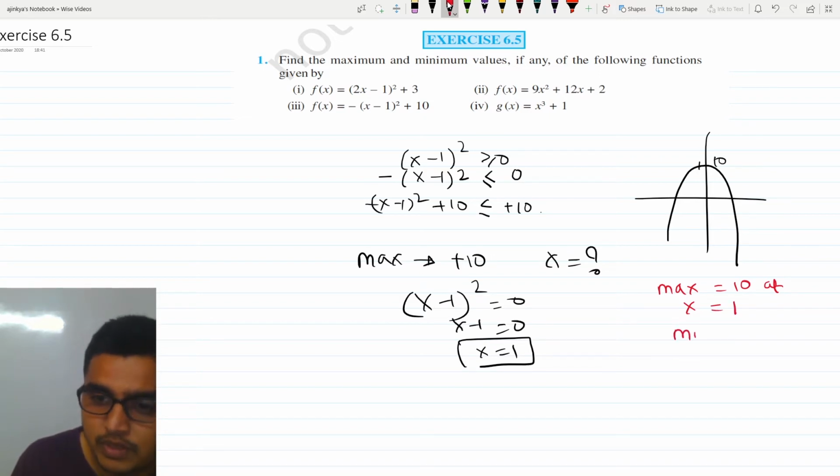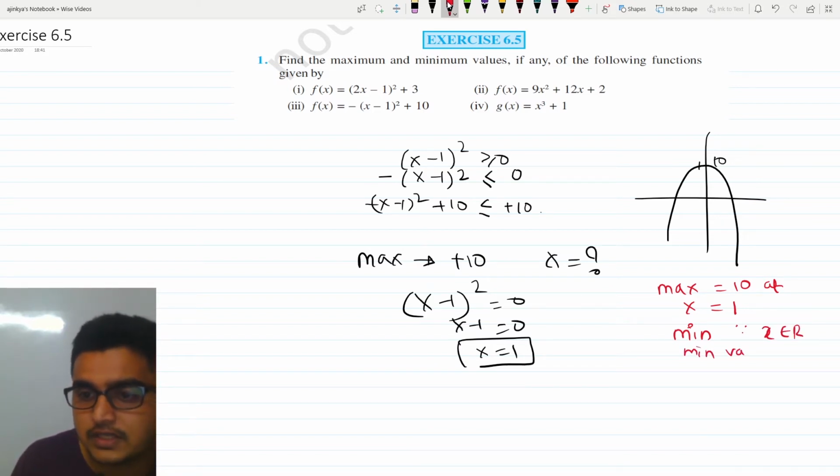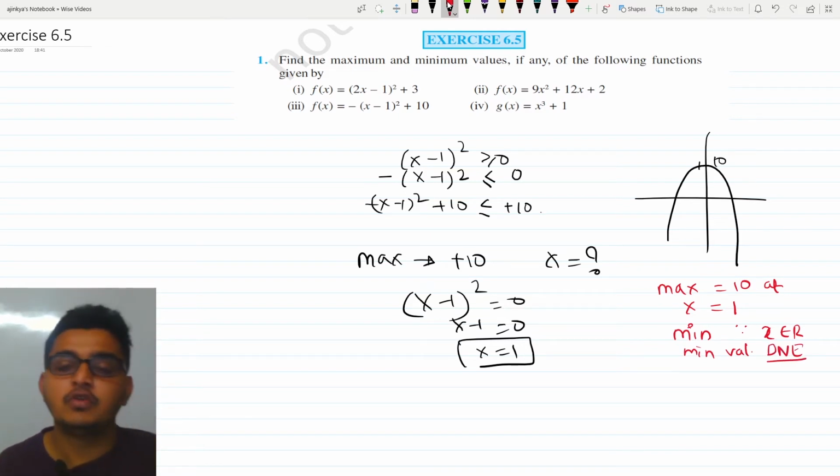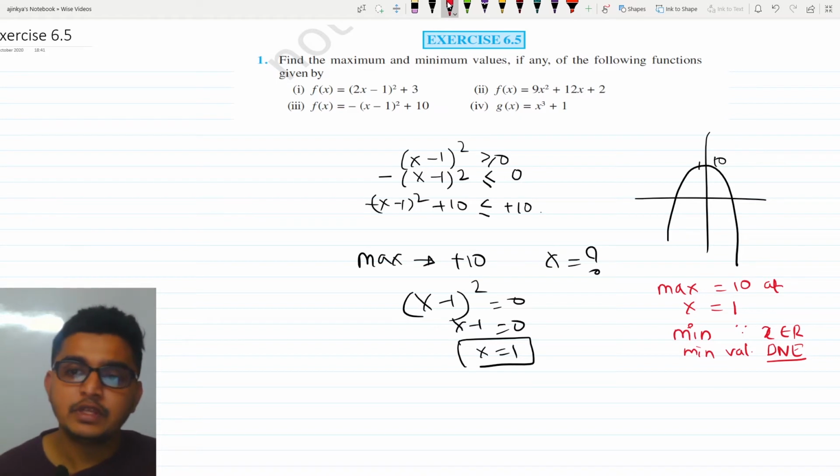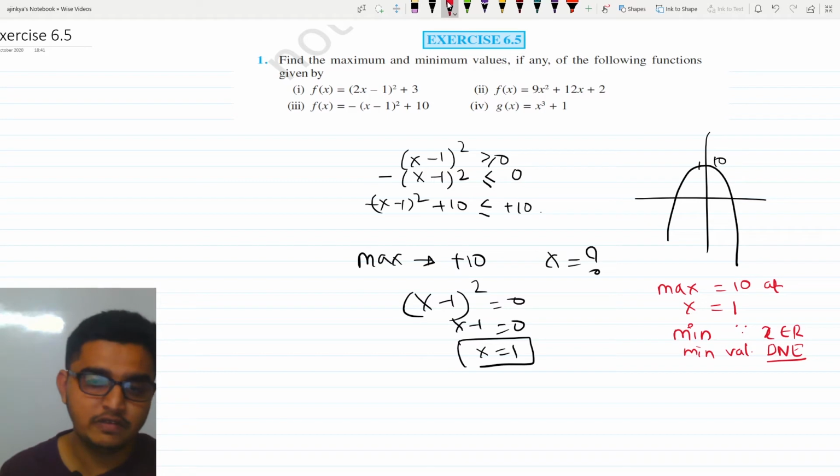So what is going to be the minimum value? So we can clearly say that since x belongs to R, minimum value does not exist. Since no matter what value you put in, there will always be a value lower than that for this particular function, since you can put x as a hugely large number.